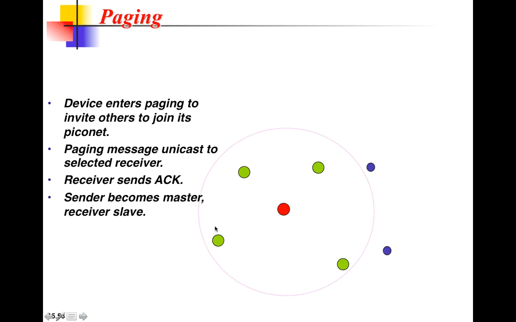Now in this phase, this is the paging mechanism. Okay, the paging mechanism. So one way in which the primary can know is to advertise itself. But in paging, what does it do? It will invite the devices one by one to join its piconet.